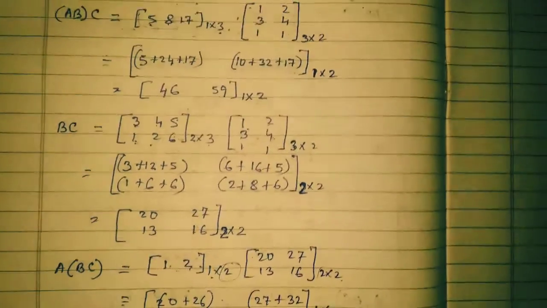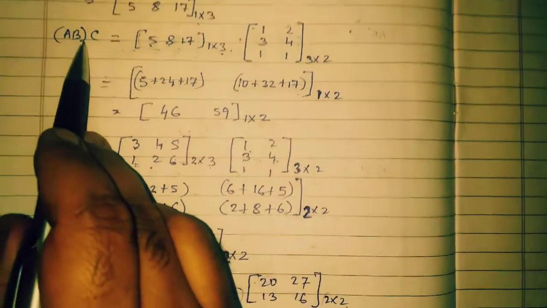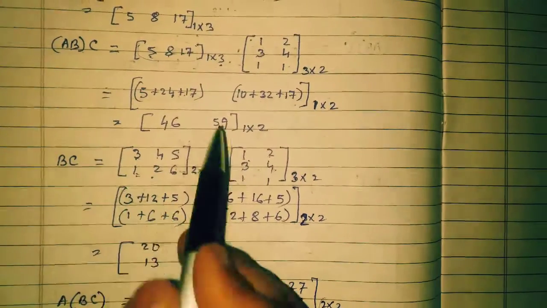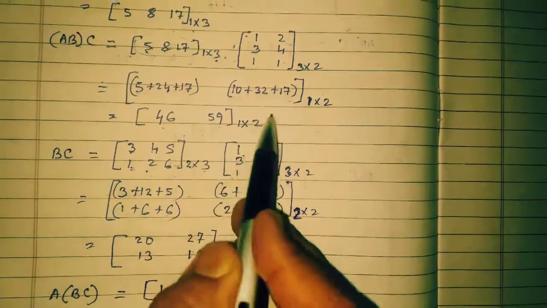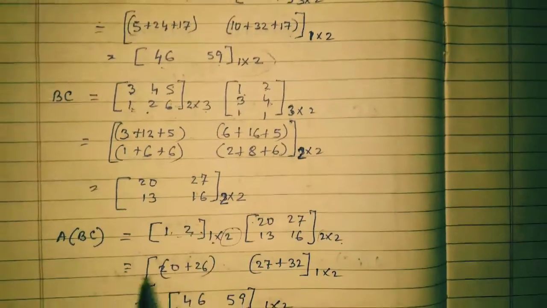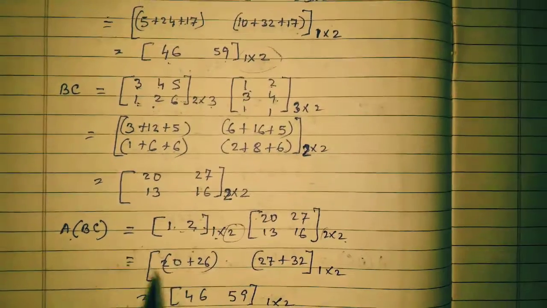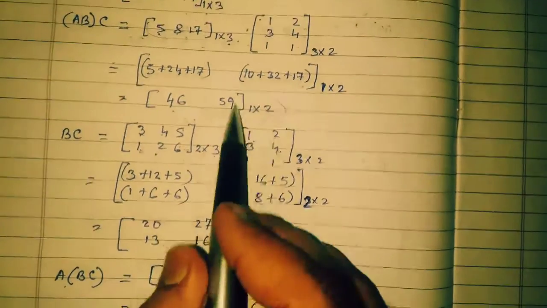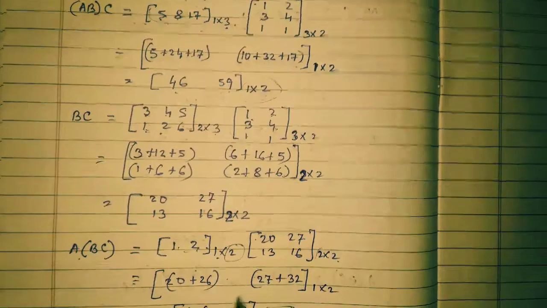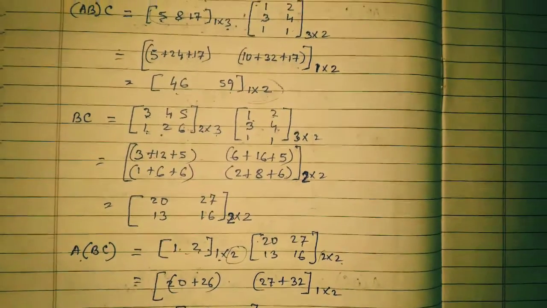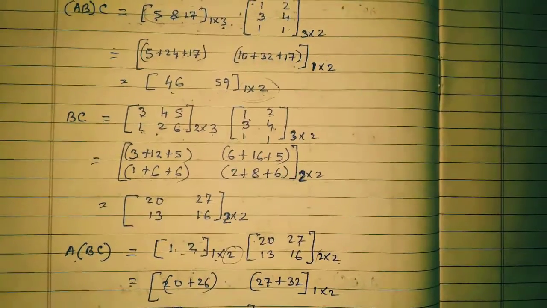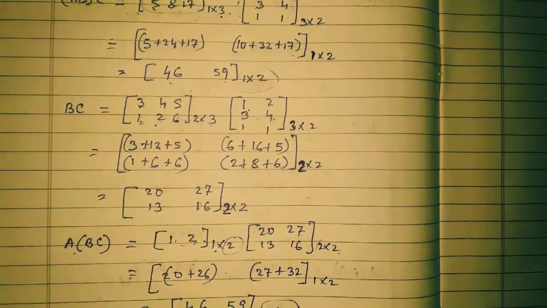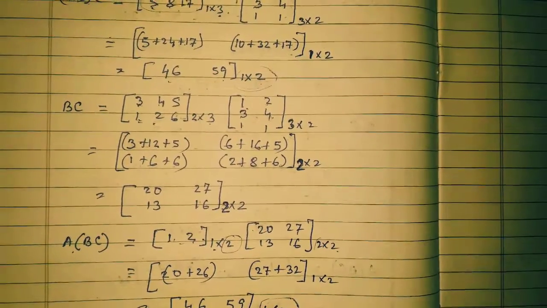So students, one thing to follow here. We got the value of A into B and then multiplied by C. The value is 46 and 59, and the order is 1 into 2. And when you multiply A and then B into C, that value is also the same. So in both cases the order is the same. So when the result is the same, then AB multiplied with C is equal to A into BC.